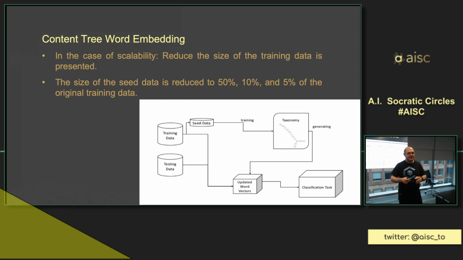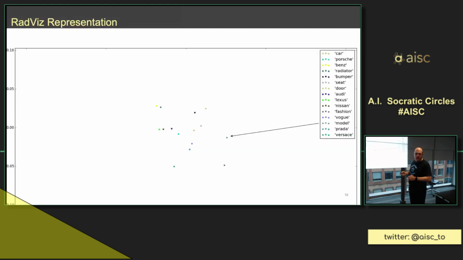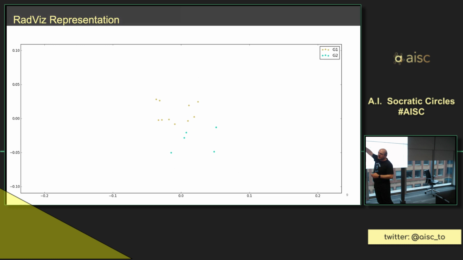Yeah, that's exactly the point of this algorithm. We assume that if we make them closer to this domain and closer to each other, then the classifiers should work better.